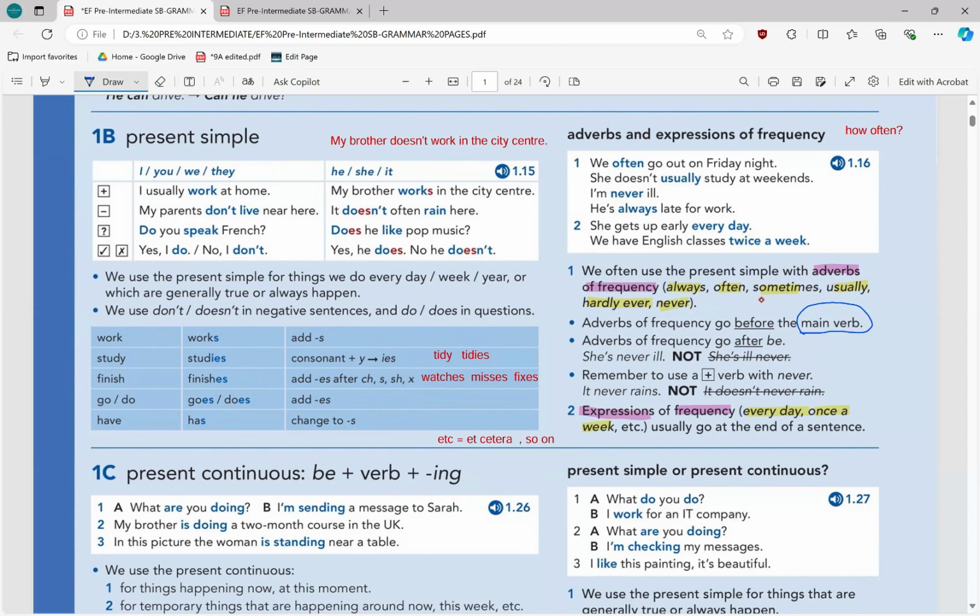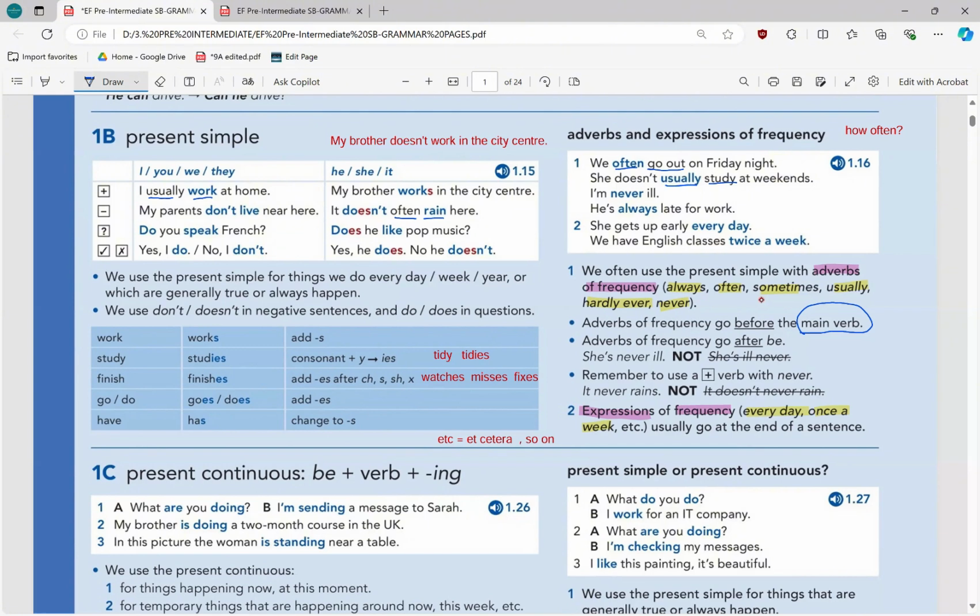For example, look here, I usually work. Work is the main verb, so I'm putting usually before the main verb, right? Like often rain. Rain is the main verb. Or go out is a verb, so often, adverb of frequency. Study is the verb, usually adverb of frequency.